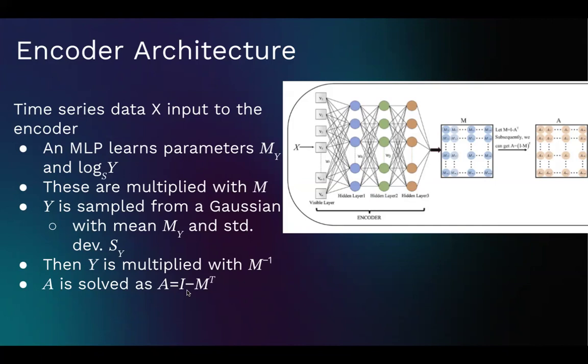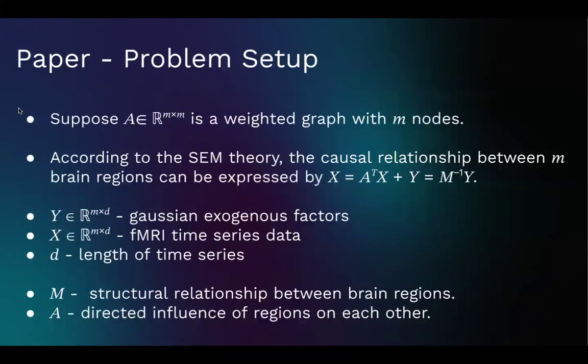What is the dimension of M and A? How many nodes are there? I think M is an M by M matrix, as well as A. Yes, A is an M by M.